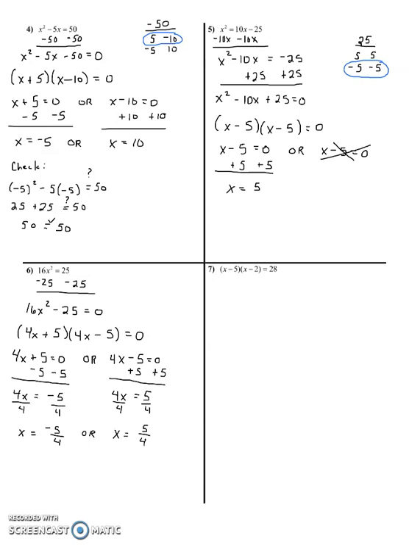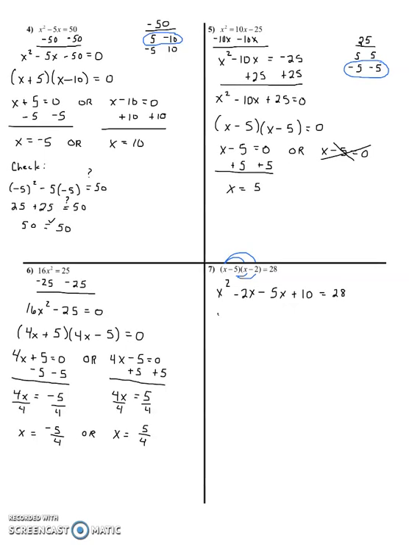FOIL the left-hand side out. So we'll FOIL, and then we should move the right-hand side over. So if we do the first, x times x is x squared. And then we have minus 2x minus 5x plus 10 equals 28.